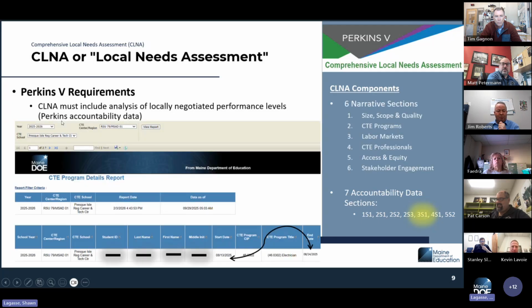So here is a report that's available in NEO right now to all directors that you can go out and find. And I did notice there are some directors or assistant directors on here as well. If you'd like to have access, that's something you can request through the NEO system. If you'd like to have somebody else at your school have access to these reports, we can get that set up for you.